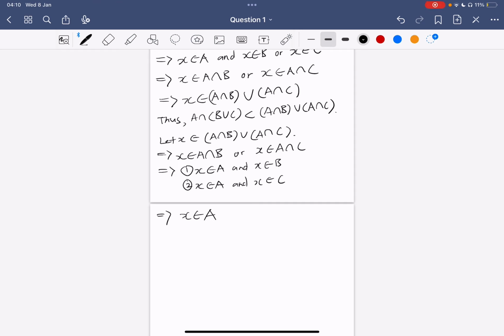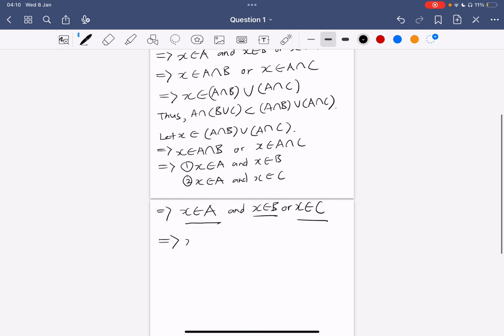And X can be an element of B in case 1, or X can be an element in set C, right? So in both cases, X is always an element of A. And in case 1, X would be an element of B in addition to being an element of A. Or in case 2, X would be an element of C in addition to being an element of set A, right?